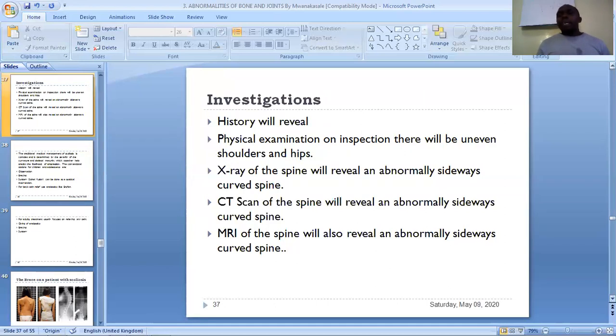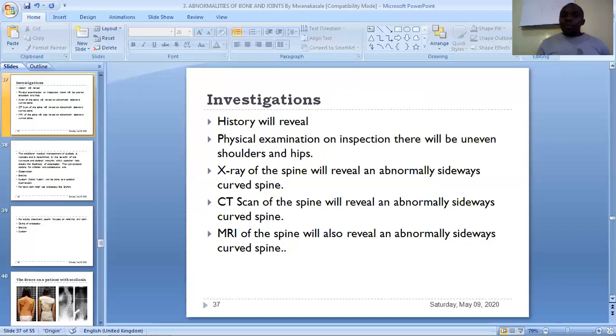Or sometimes history may reveal that this scoliosis actually is there in their family. Physical examination, specifically on inspection, you notice that this person has uneven shoulders or uneven hips. Or sometimes if you view them posteriorly, you notice that someone's spine is appearing C or S shaped.